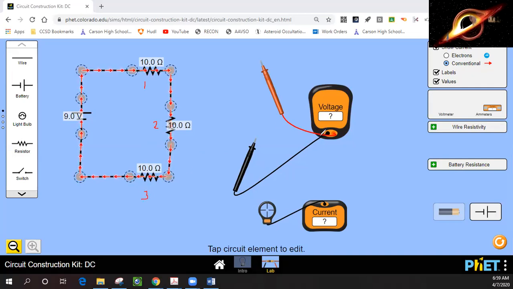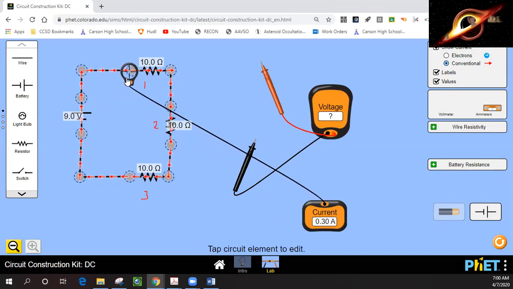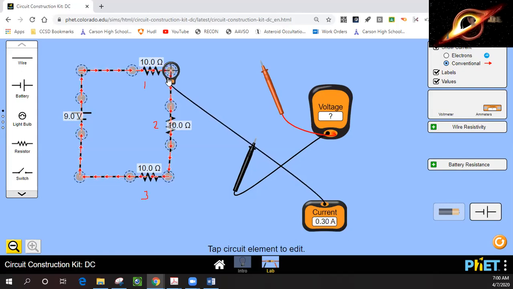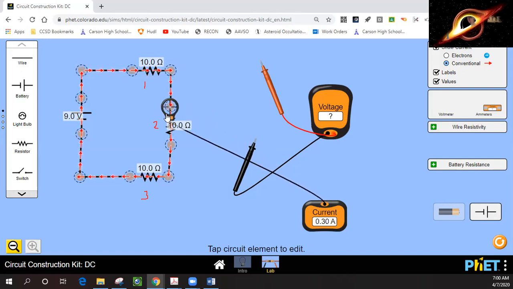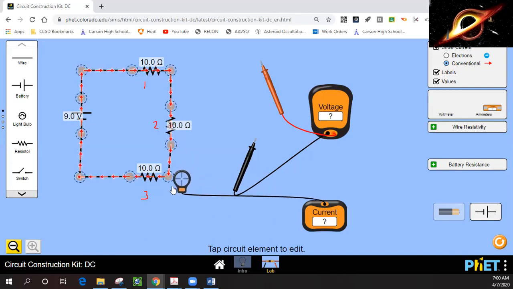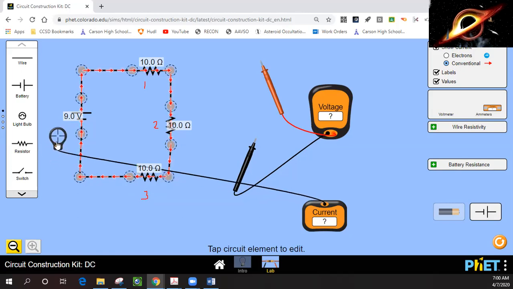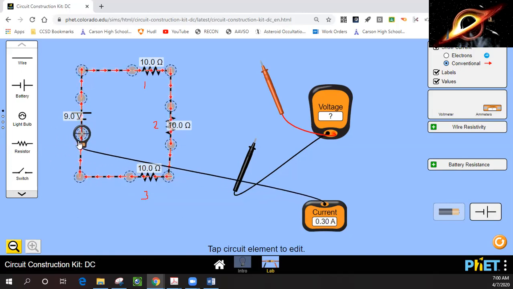So Kirchhoff's current law says this, basically. Let's measure the current leaving here. The current is 0.3 amps. Here's a junction right here. There's 0.3 amps going in, and how many amps coming out? 0.3. 0.3 going in, 0.3 coming out, and then going back into the battery, we have 0.3 amps.